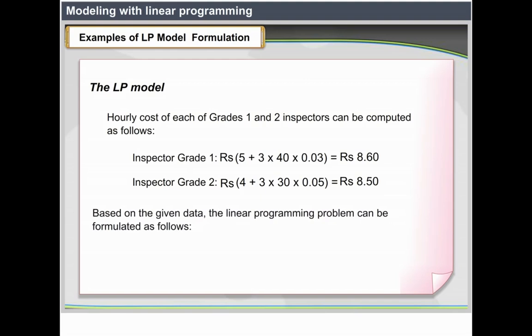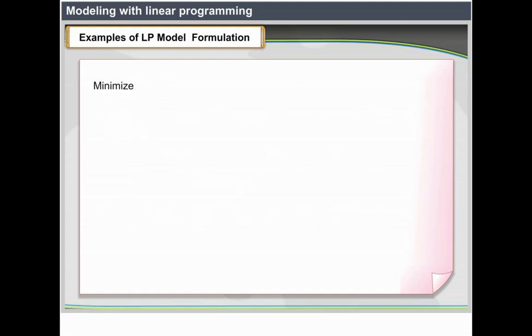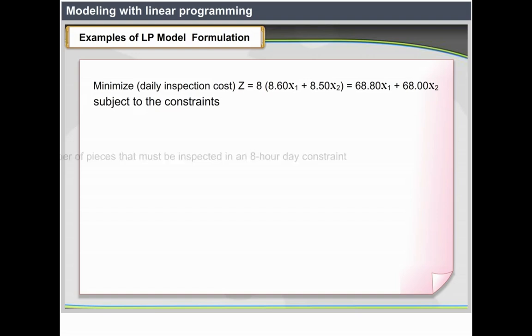Based on the given data, the linear programming problem can be formulated as follows. Minimize daily inspection cost Z equal to 8 into (8.60x1 plus 8.50x2) equal to 68.80x1 plus 68.00x2. Subject to the constraints.